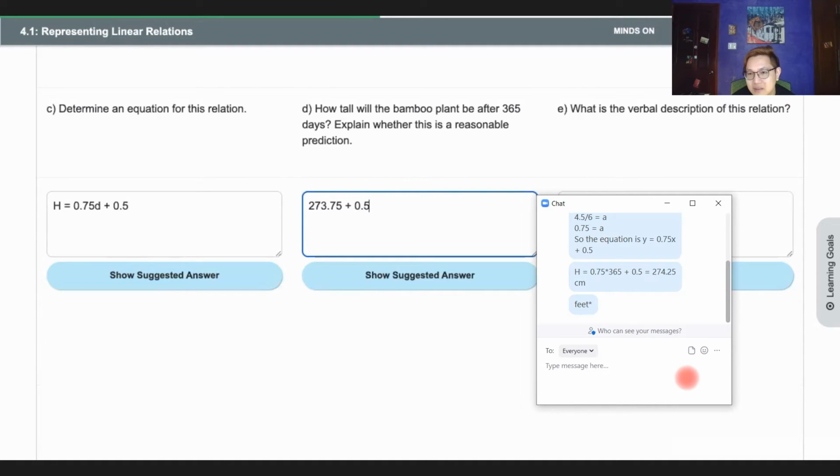It's only a theoretical prediction. It will stop growing at some point and slow down. It's not logically possible.